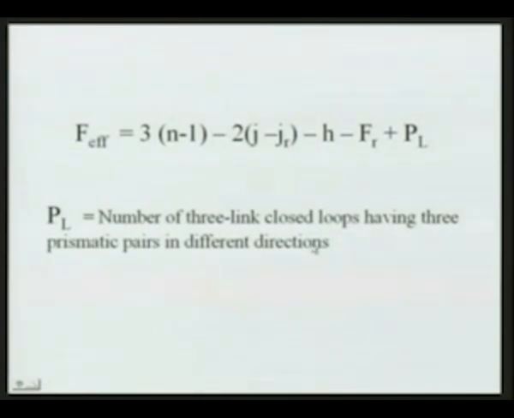While deriving this formula, we have not bothered with the kinematic dimensions of the mechanism. So this formula may have some exceptions for some very special kinematic dimensions, as we shall see shortly through a number of examples.